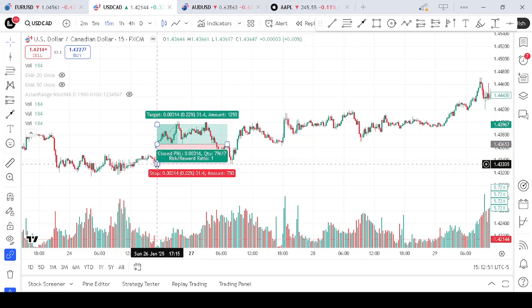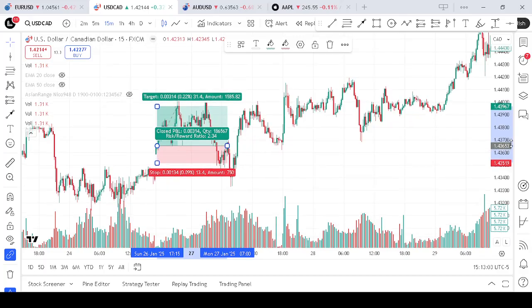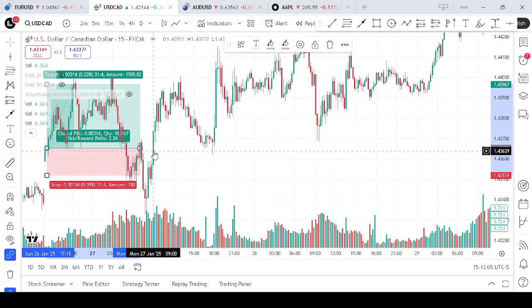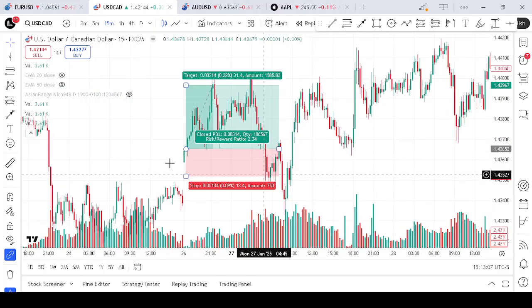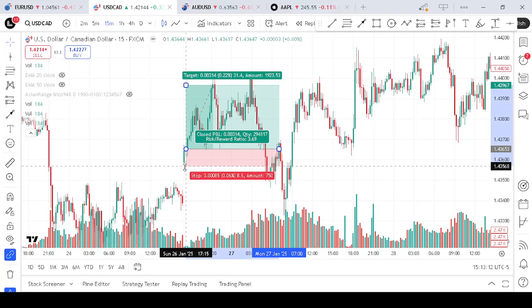Then we can put our stop loss at certain places. We can put our stop loss first just below the gap. Let's make this larger so that everybody can see it. We put the stop loss just below the gap.